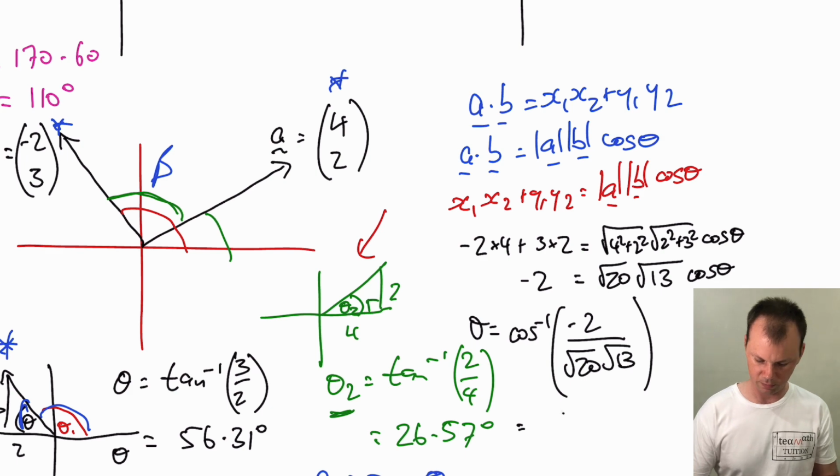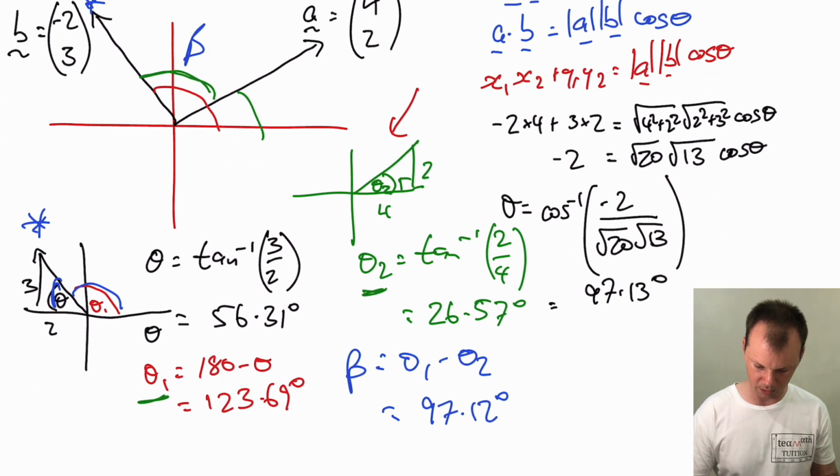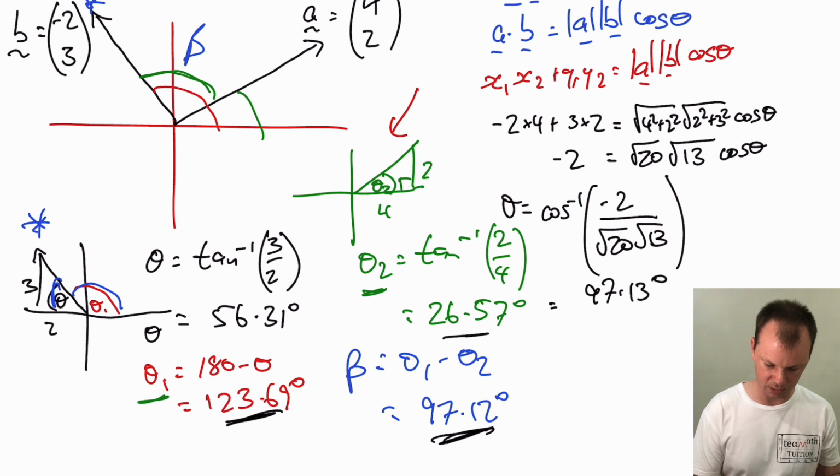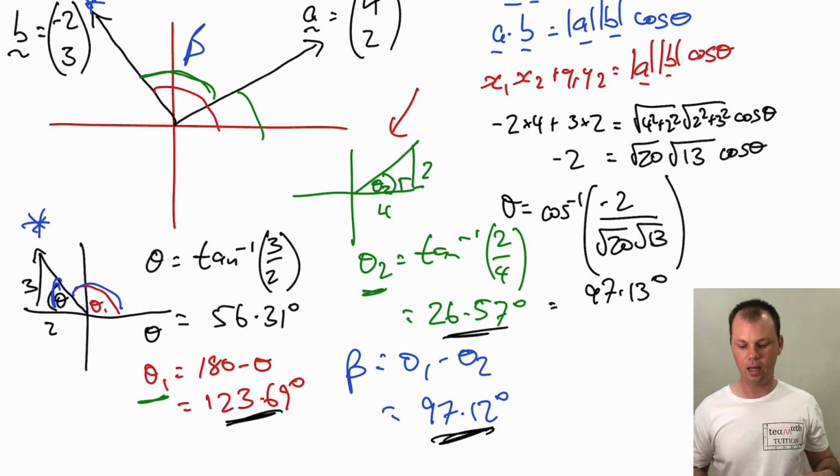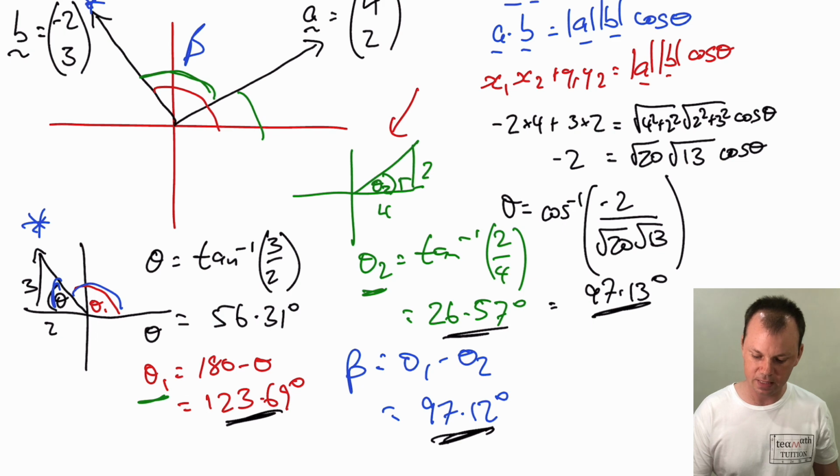And I get 97.13 degrees. What do we get down here? Got the same. I probably had a rounding error here because I had 2 of these, which I rounded. So we get the same angle.